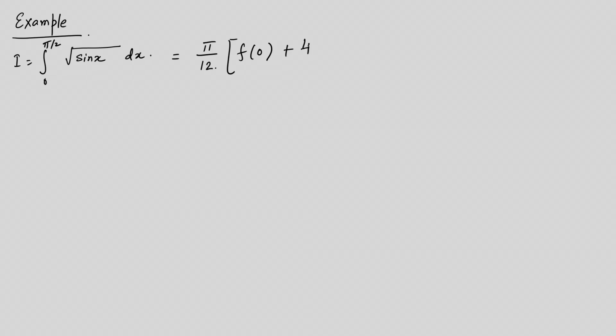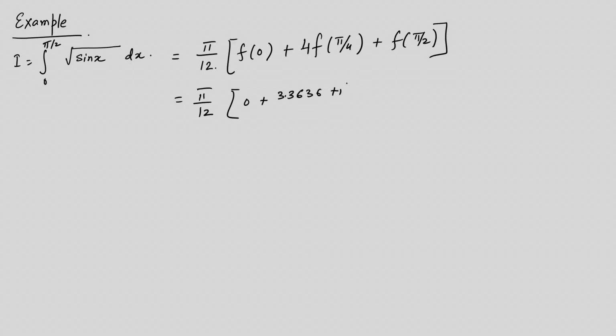Now the middle between 0 and pi by 2 is pi by 4. So we have 4 f pi by 4 plus f pi by 2, and this one is equal to pi over 12 times 0 plus 3.3636 plus 1, and this can be simplified to get 1.1424 and so on. Okay.